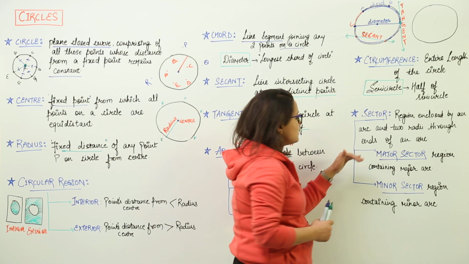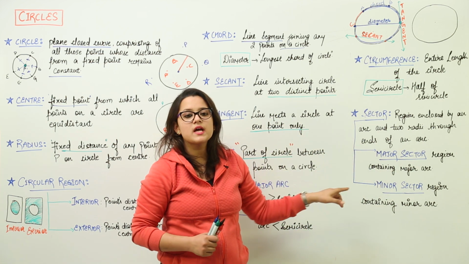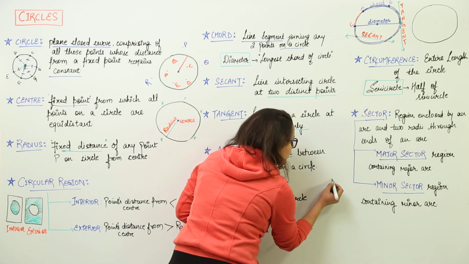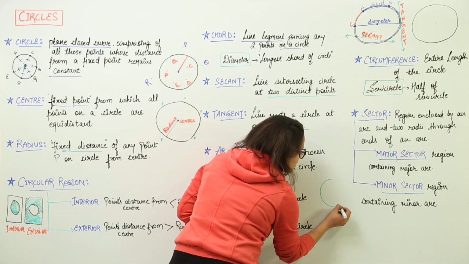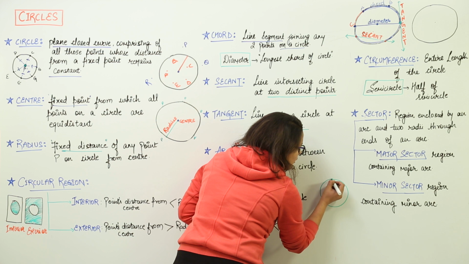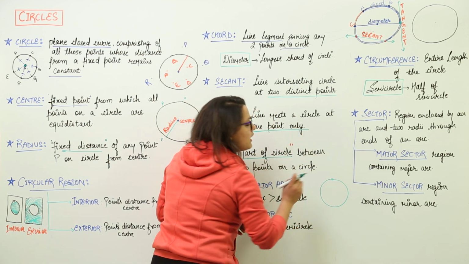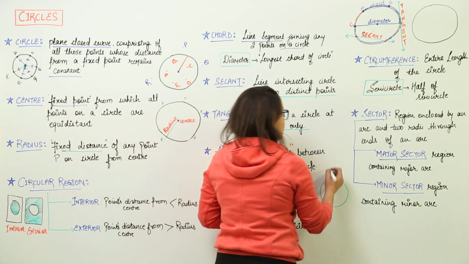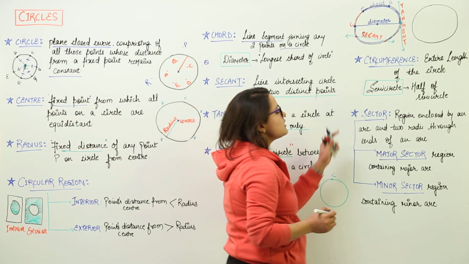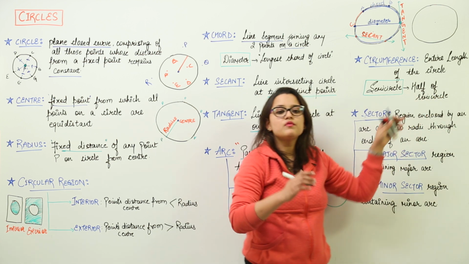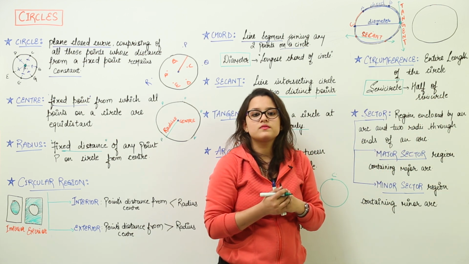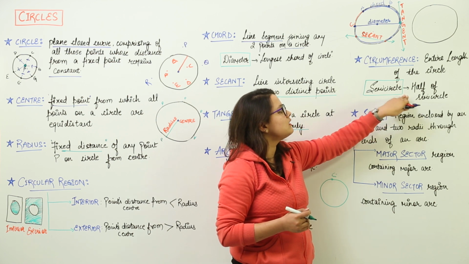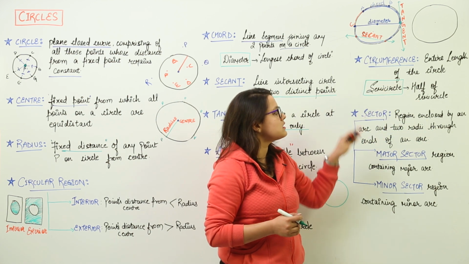As I discussed in between only, circumference is actually the total length. That means if you start walking from this point and you follow a circular path, you come back to the same point. The entire length or the entire distance that you traveled is your circumference, right? So circumference is the entire length, but if you divide it into two halves, that gives you the semicircle.